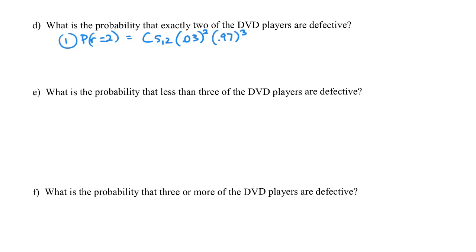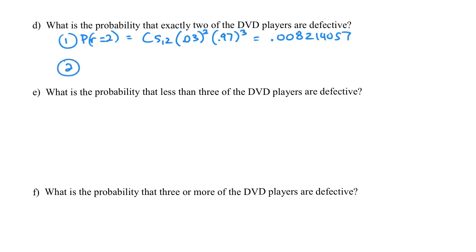Another way you could think of it is there's exactly 2 successes, R equals 2, which means 3 failures. And if you do this on your calculator, you will get 0.008214057. But I'm just showing that so you see where it comes from.